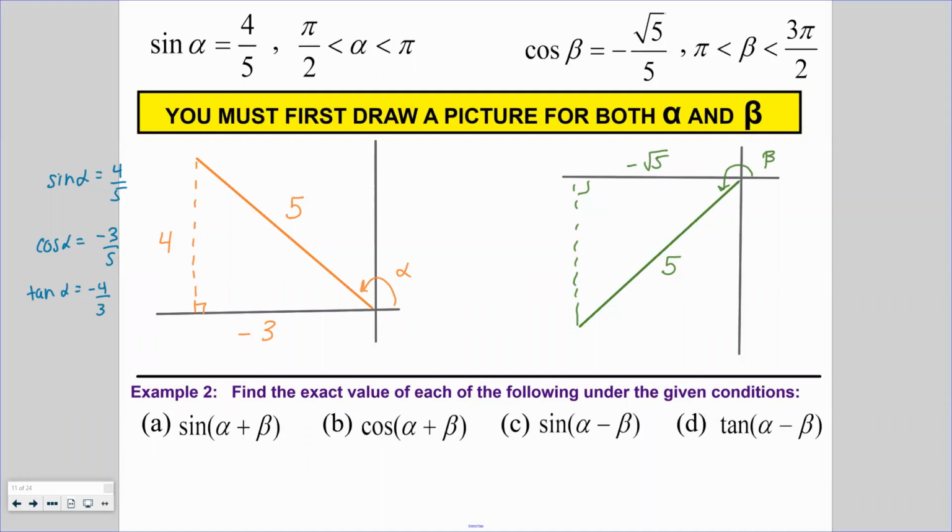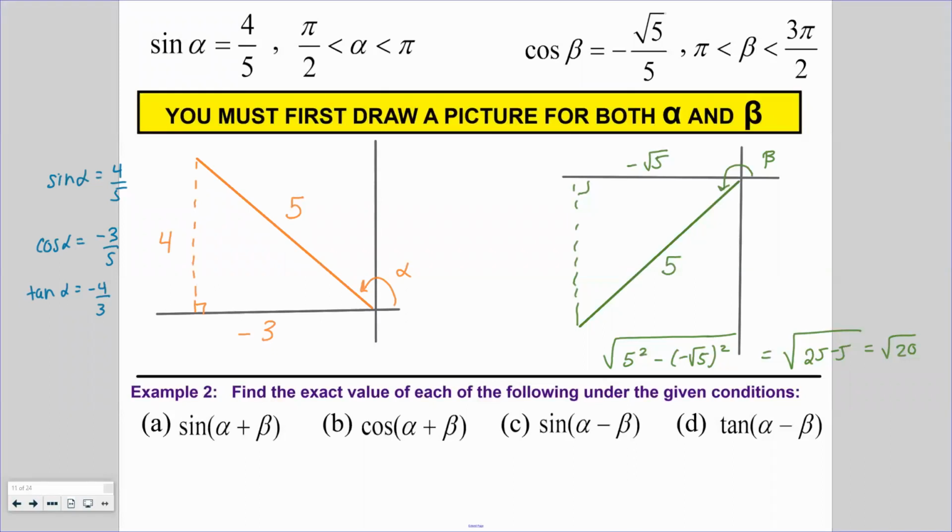All right, Pythagorean theorem tells us that the y component is equal to the square root of 5 squared minus -√5 squared, which simplifies to the square root of 20, which we simplify even further.